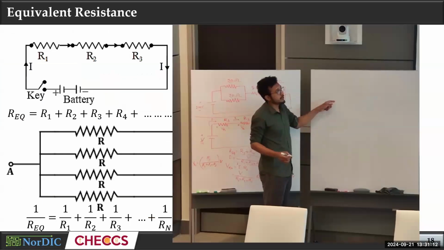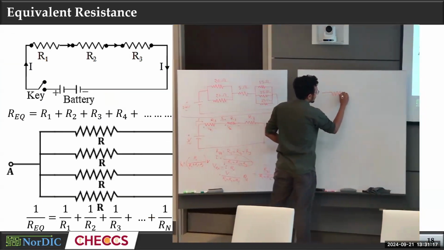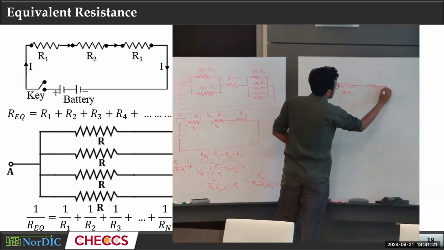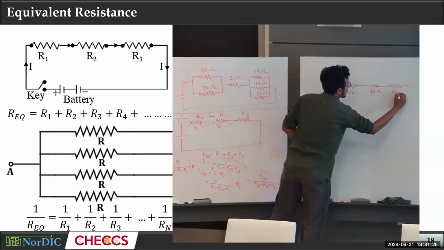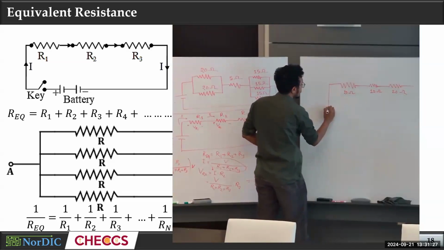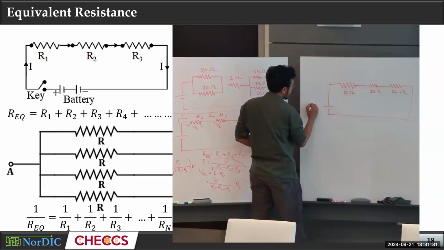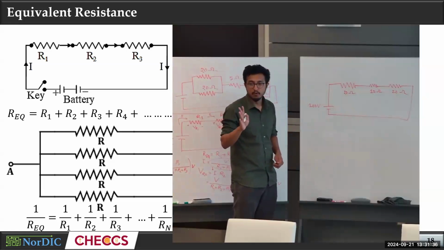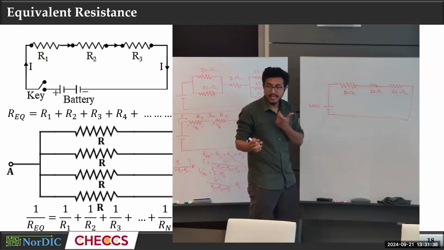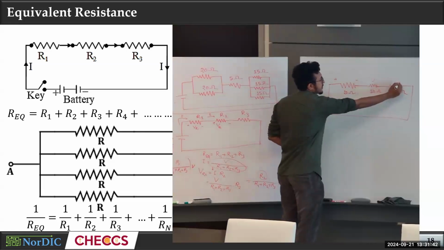Can you see the board? Now, only use the voltage division rule to calculate the voltage across this resistor, and this resistor.